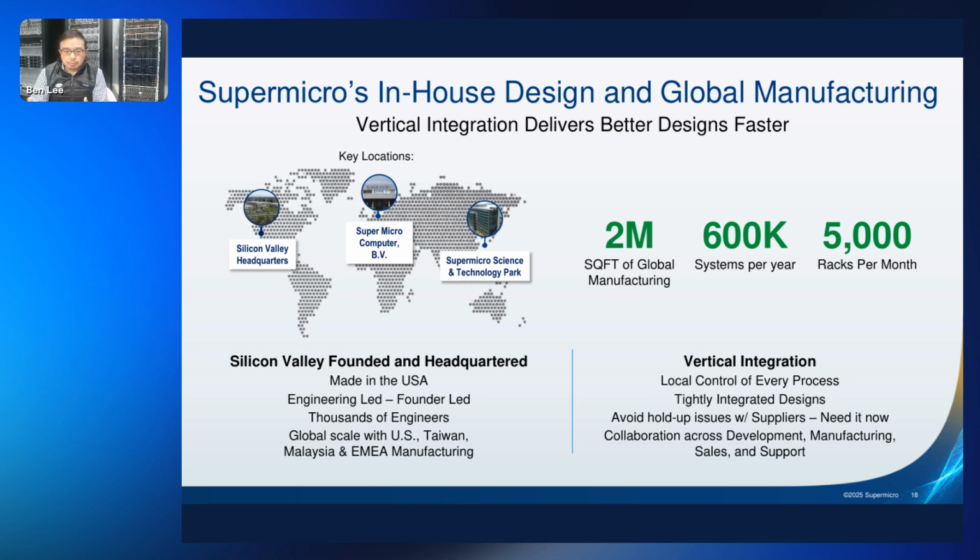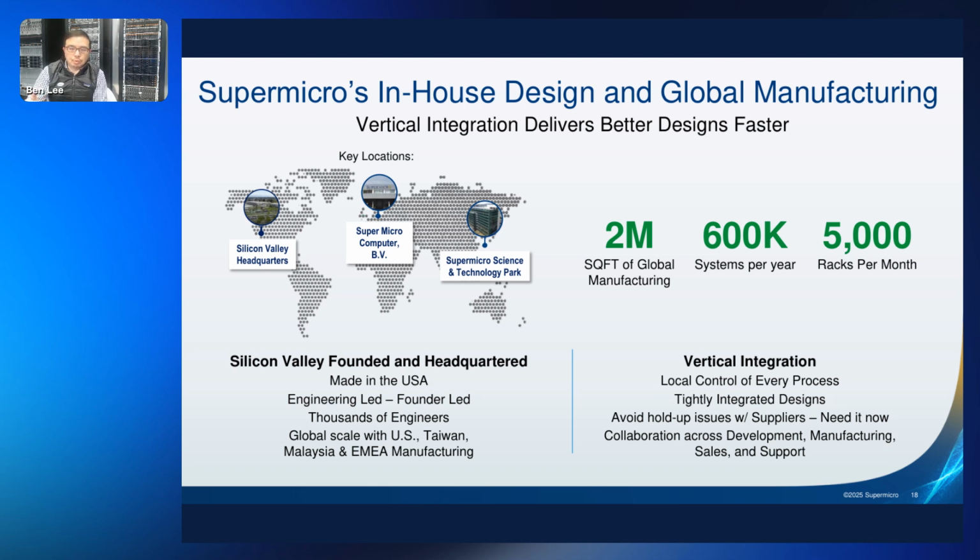These are already impressive numbers, but what really sets us apart is that we do everything in-house, from the design, manufacturing, to the support. We control every step. And that means we can move faster, we can deliver good quality products, but very importantly, we can drive innovation really fast.